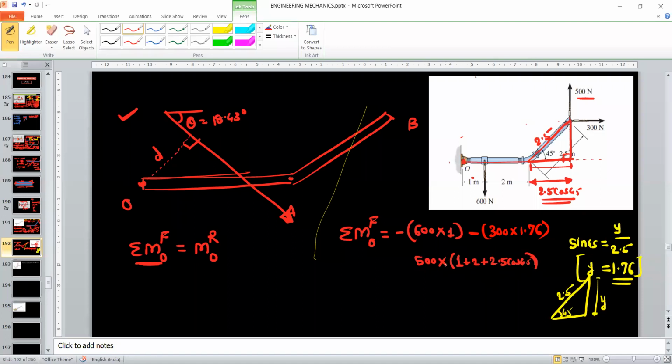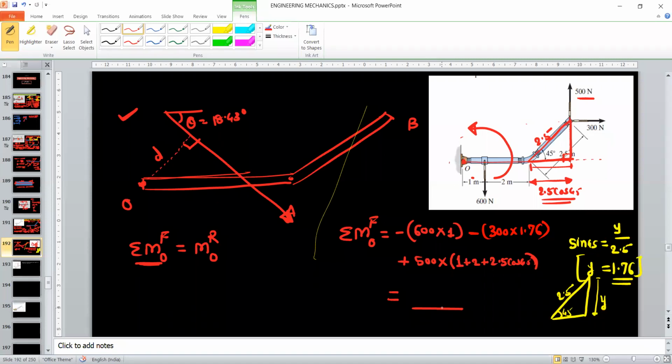Now, what is the direction of rotation, whether it is clockwise or anti-clockwise? The moment will be anti-clockwise because it will try to rotate like this. So this is a positive moment. Now calculate this total value: 600 into 1, that is negative, minus 300 into 1.76, plus 500 into this total value, 1 plus 2 plus 2.5 cos 45.